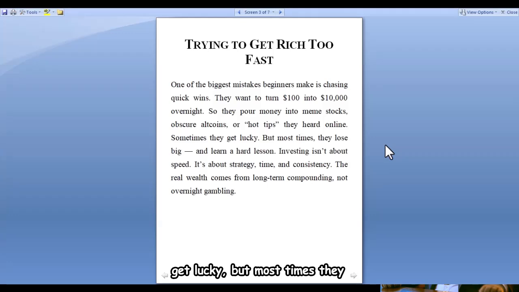Sometimes they get lucky, but most times they lose big and learn a hard lesson. So investing isn't about speed, it's about strategy, time, and consistency. The real wealth comes from long-term compounding, not overnight gambling. So now let's go to the next one.